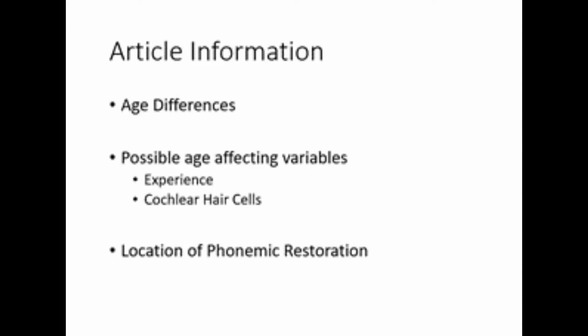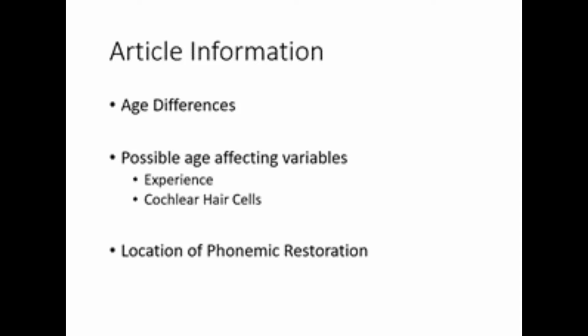In older adults, another age difference is that phonemic restoration could decline because of hearing complications caused by loss in cochlear hair cells and acuity, which is why you see a lot of older people wearing cochlear implants, because there are complications, and that could go into how and why they are able or not able to use perceptual restoration.